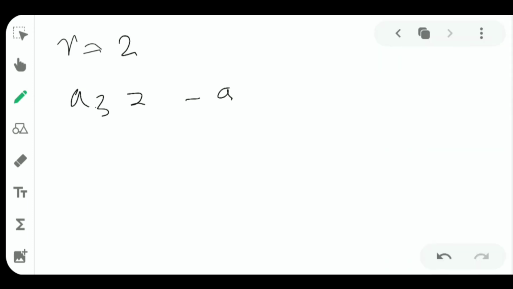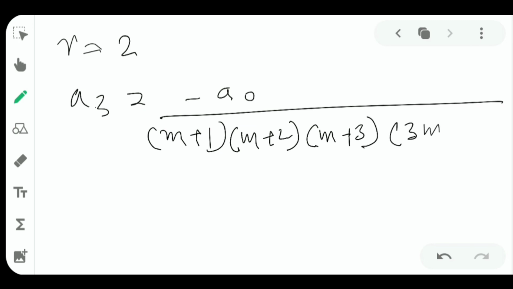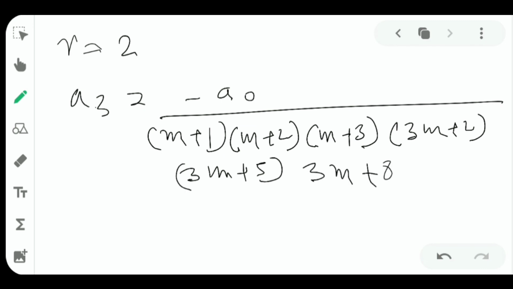So it will be equal to minus a naught divided by m plus 1, m plus 2, m plus 3, 3m plus 2, 3m plus 5, and 3m plus 8.